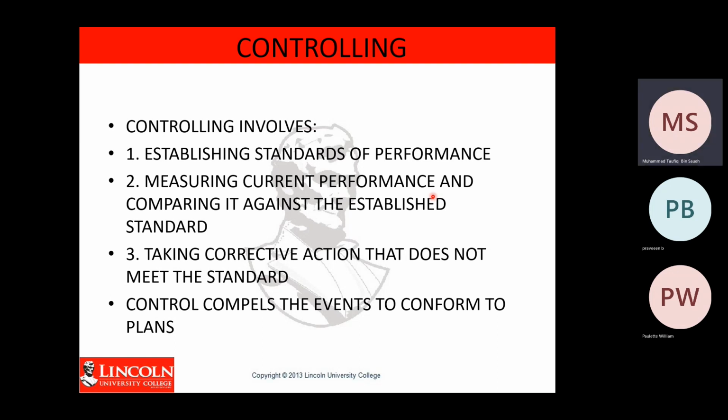But if their performance is below the standard, then you as a manager, the first thing you must take is corrective action. You should not punish your team first. The most important thing, if your team performance is below your standard, is how you want to solve this problem.